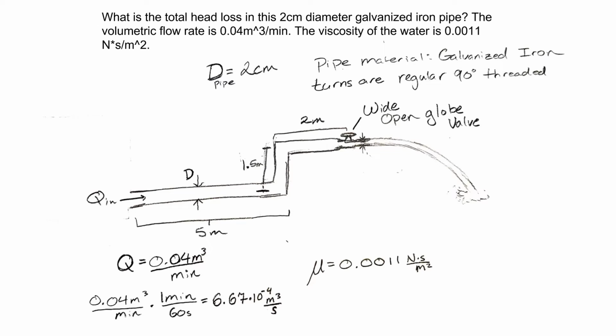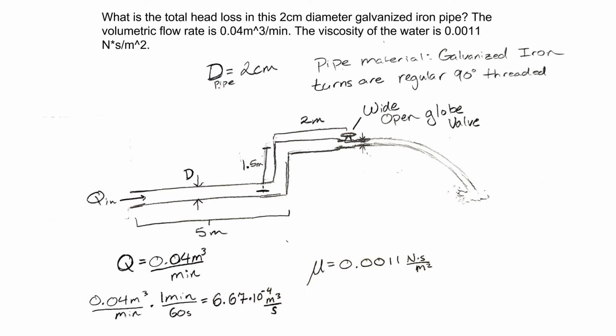Alright, lastly we're going to find the total head loss in this 2 cm diameter galvanized iron pipe. The volumetric flow rate is given as 0.04 meters cubed per minute, and the viscosity is given up here as 0.0011 Newton second over meters squared.